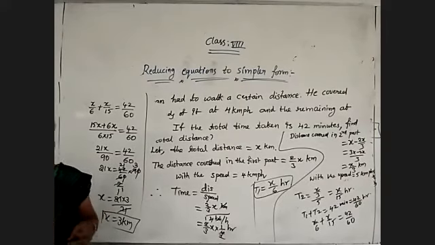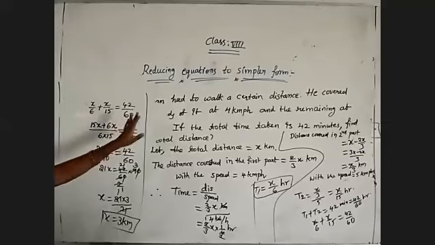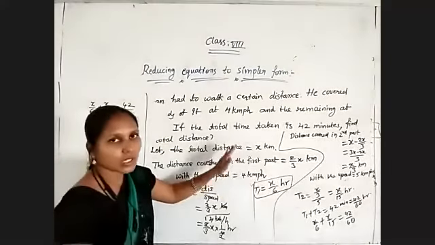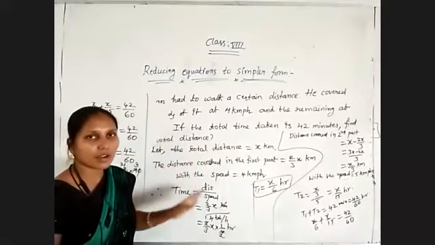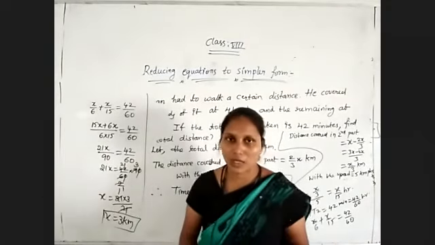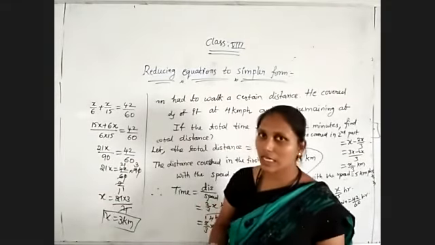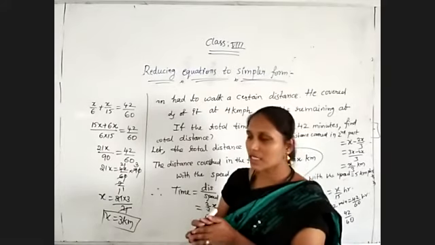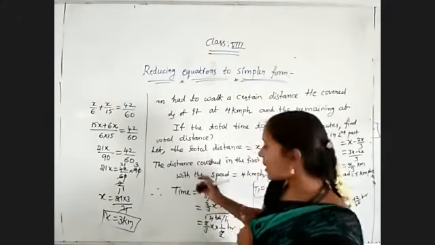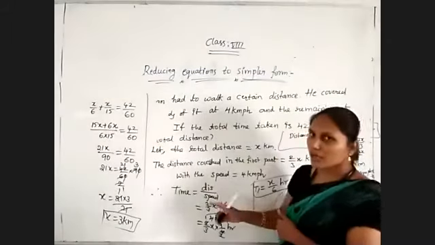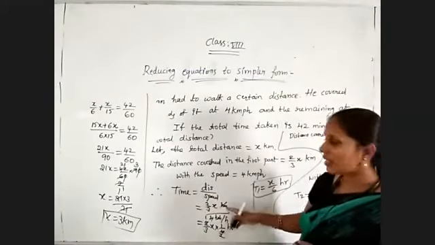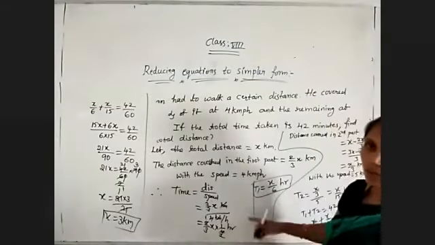So once again I am revising. Observe, they are given a certain distance, and 2/3 of that is covered at the speed of 4 kilometers per hour and the remaining part is covered at the speed of 5 kilometers per hour. And they are given the total time required to cover that distance as 42 minutes. So using the speed, distance, time relation, the formula time is equal to distance by speed, we have simplified.